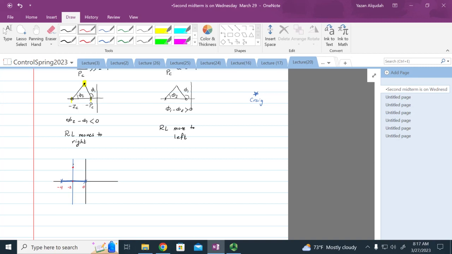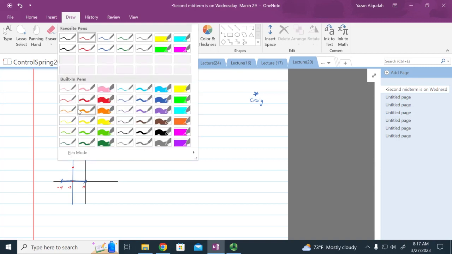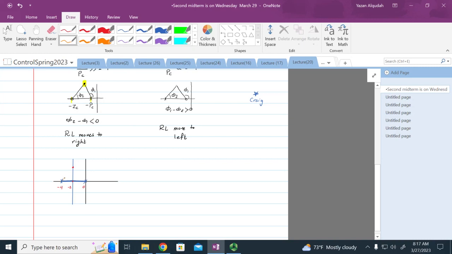I'm going to do the angle criteria. If I look at the angle criteria here, I'm going to take this angle, this angle. What is this angle going to equal? 135. It depends on where I am, but yes, if I take this point, it's 135.